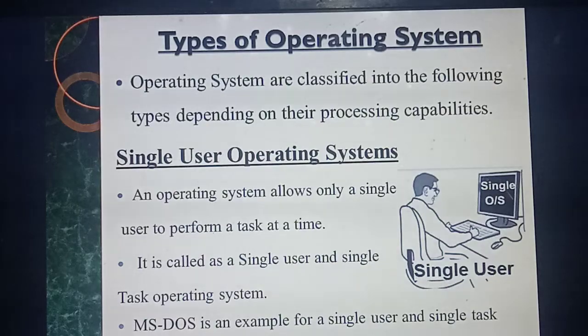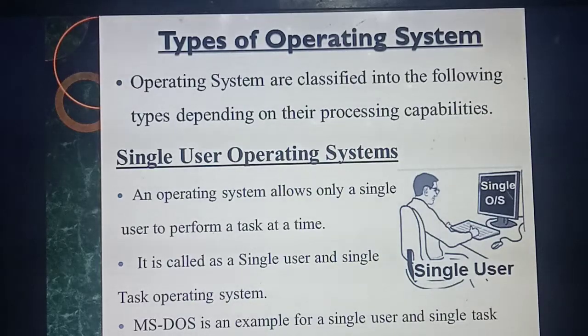Based on that they categorize: this is a high scoring student, this is an average student, this is medium average, this is low. So based on your studying capacity they are categorizing. In the same way, operating systems are classified based on their speed, that is processing, how much the operating system can process.